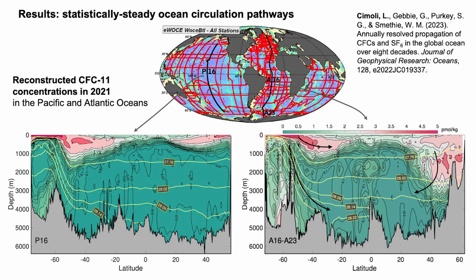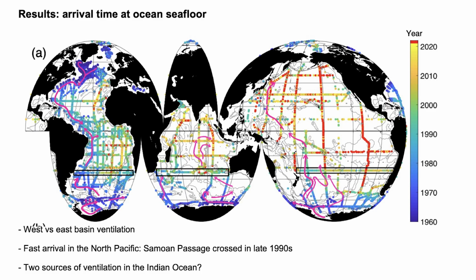There are lots of places where you can do well, but if you look in the Southern Ocean, you can do very well, and here are reconstructions of CFCs in different sections, Pacific on the left, Atlantic on the right. These maps look plausible, and they even give us some information.